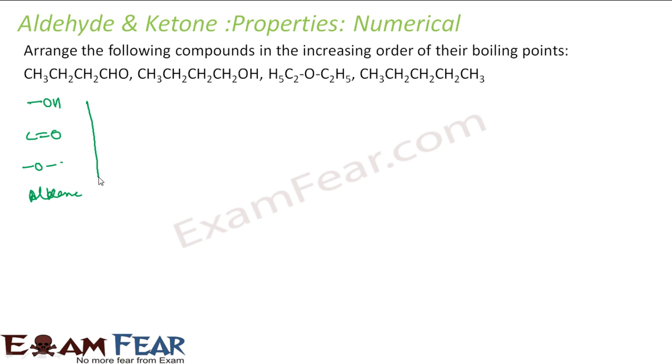This is the order we have discussed. So which is the alcohol? This is my alcohol. So this will have the maximum boiling point. So let me write this first here: 1, 2, 3, 4 carbons and OH. This is the maximum. And then I have aldehyde or ketone. I don't have a ketone, I have an aldehyde. So let me put this aldehyde.